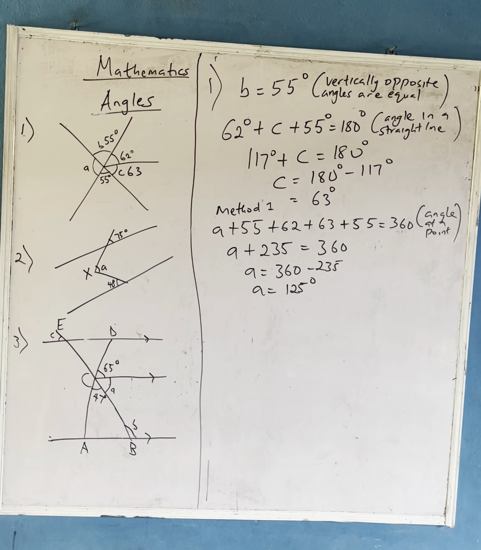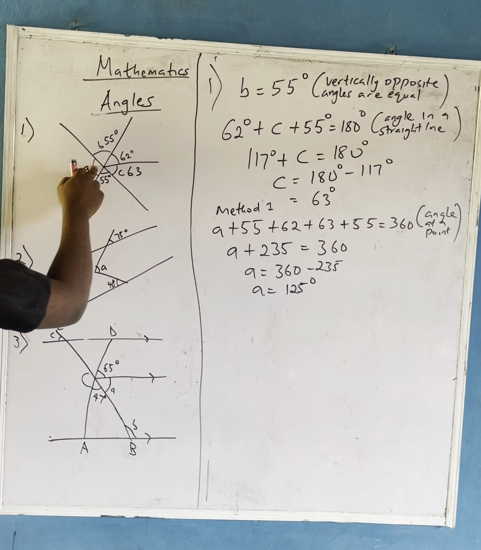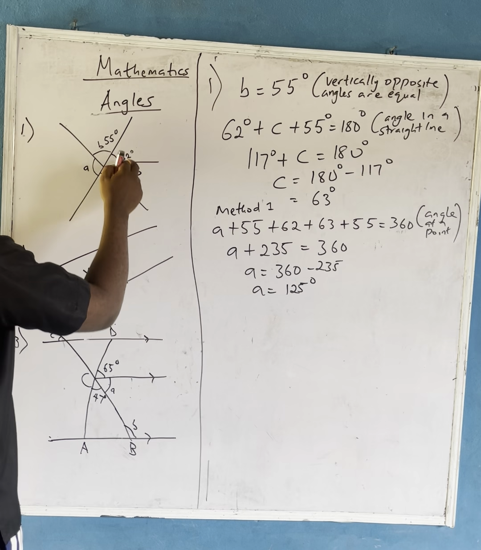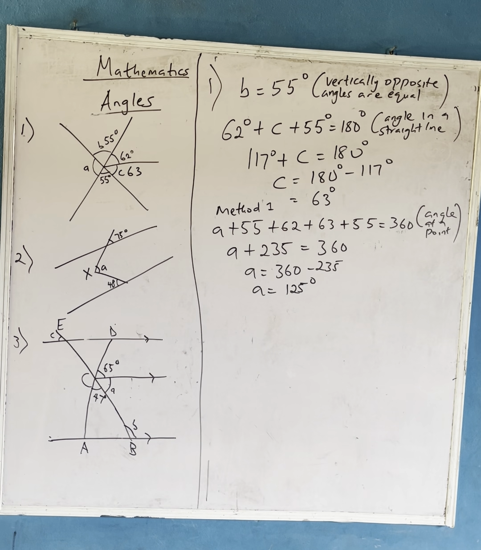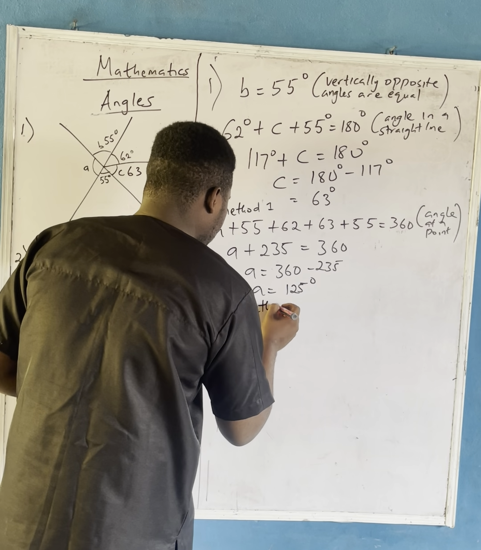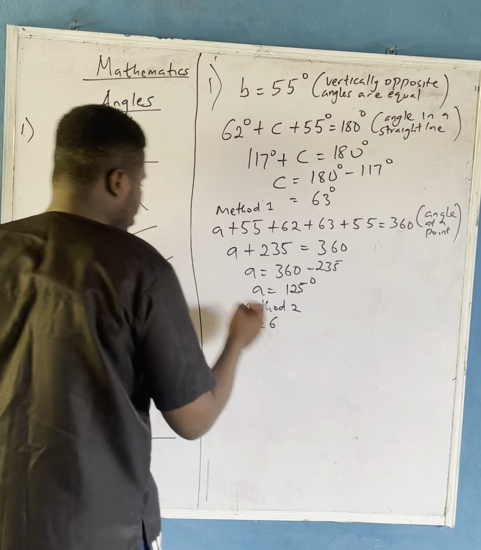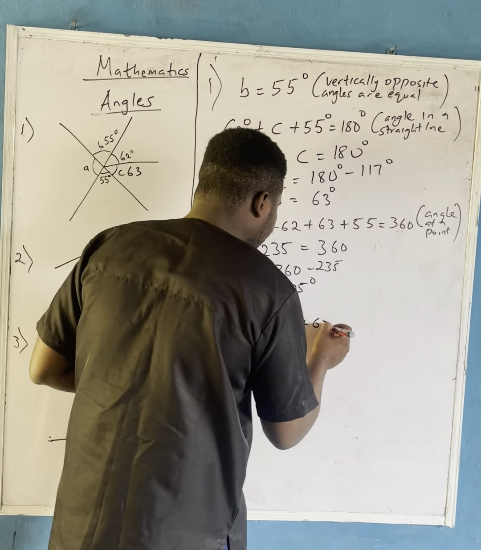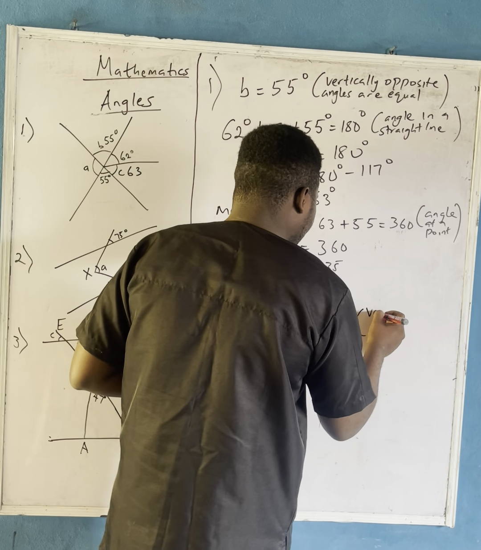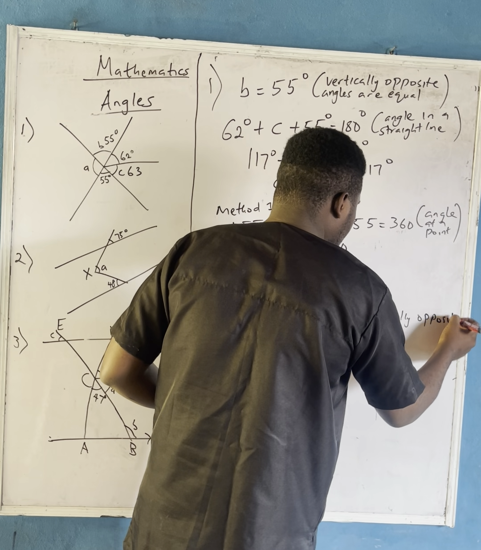And then we can actually use method 2 too. If you remember, this A here and this one are vertically opposite, and vertically opposite angles are equal. So A is equal to 62 degrees plus 63 degrees.